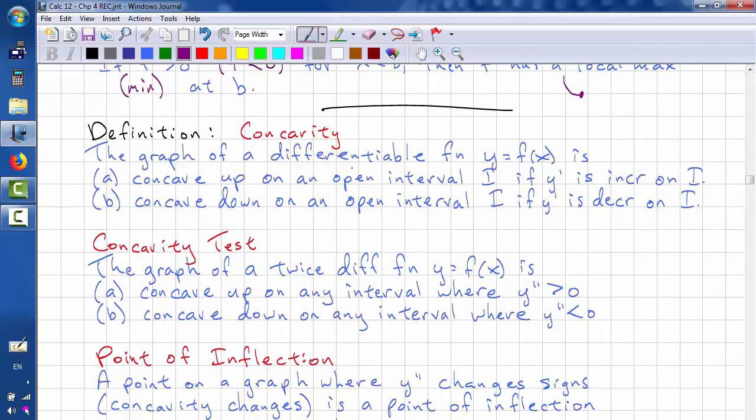Concavity. So in pre-calc 12, we said that a graph is concave up if it opens up on an interval. We have a different definition in calculus.